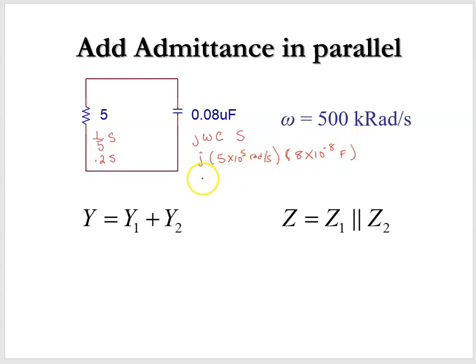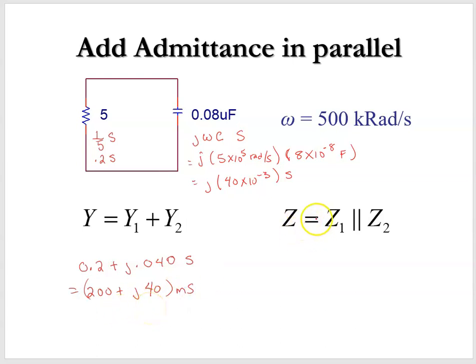This gives us 40 times 10 to the negative 3 siemens. So the parallel admittance is 0.2 plus j0.040 siemens, or 200 plus j40 millisiemens. So that was pretty easy to do.